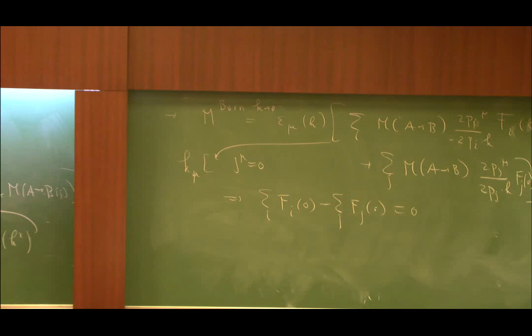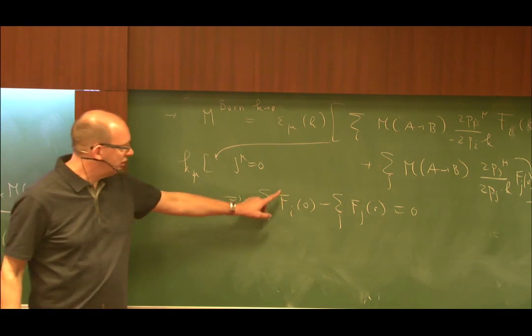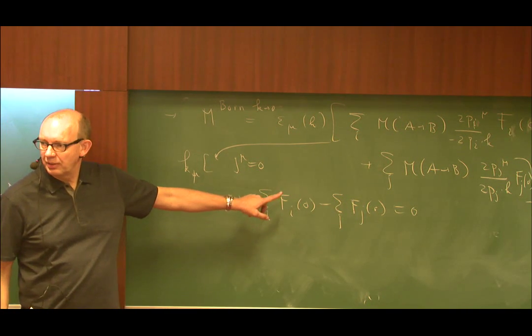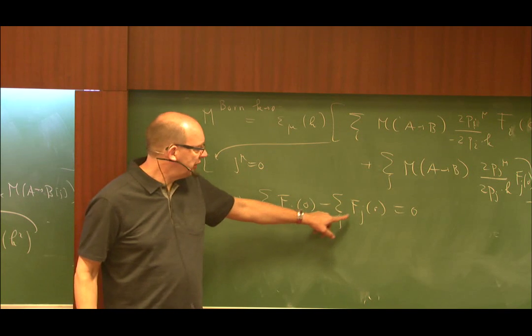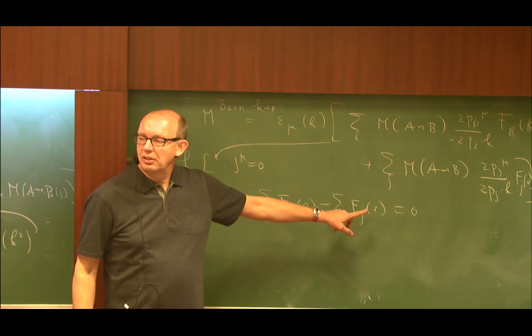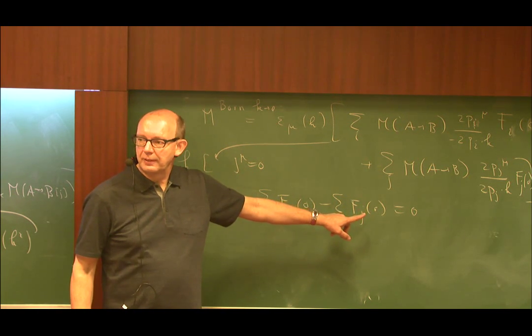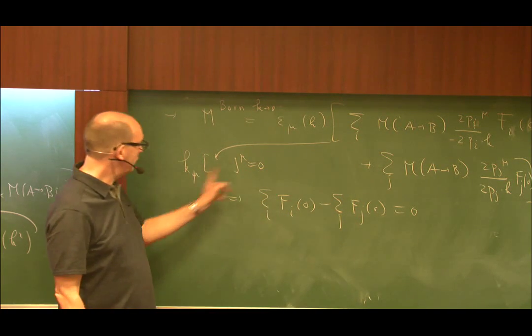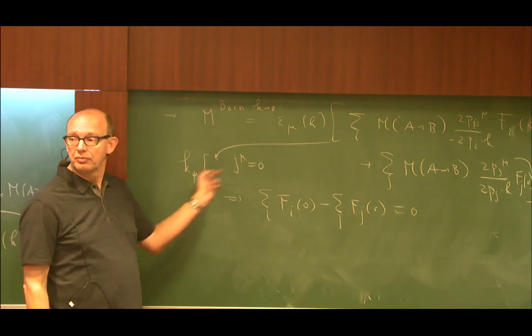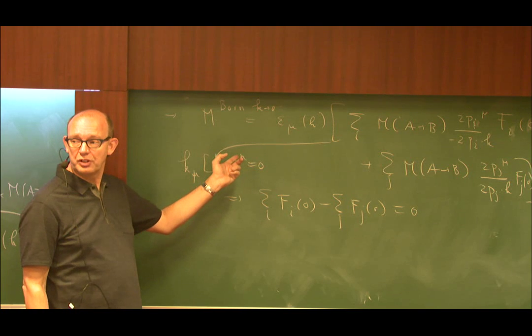This is that particular interaction. And what I've proven here is that the sum of all these electric charges in the initial state is the same as the sum of all the charges in the final state. So charge is conserved. And it's only true because of this condition: current conservation in momentum space.